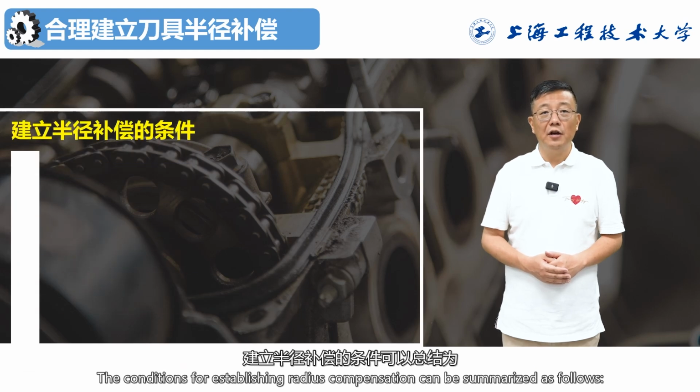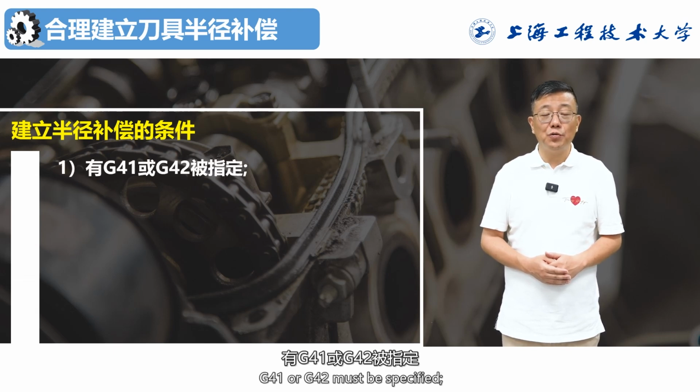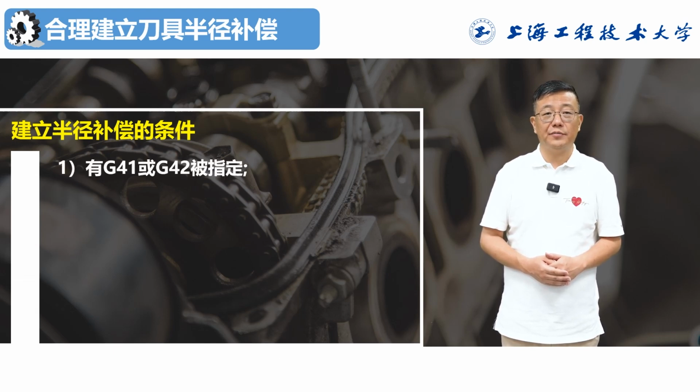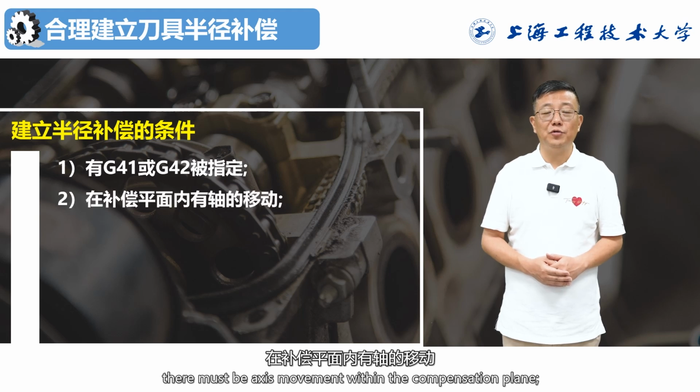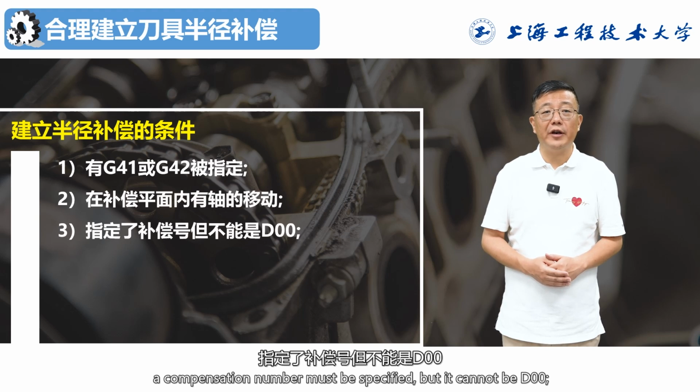The conditions for establishing radius compensation can be summarized as follows. G41 or G42 must be specified. There must be arc movement within the compensation plane. A compensation number must be specified, but it cannot be D00.